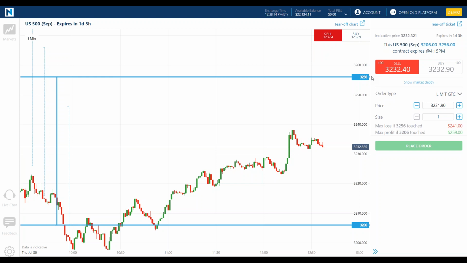That is essentially my stop loss. On the other side, if it were to go down and touch 32.06, that is where I would get knocked out for a profit. Remember, I sold it, I thought it was going lower. That's my profit goal.